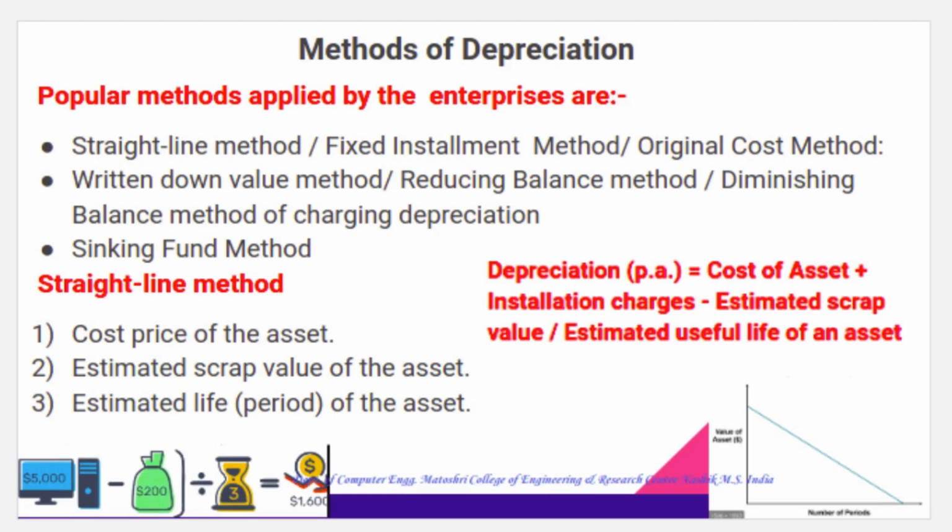The formula for charging yearly depreciation: the amount of depreciation to be charged or written off every year under this method is the same or equal. The amount is calculated by deducting the estimated value of the scrap from the cost of the asset, where cost means original cost plus installation charges, and dividing this by the estimated life of the asset.